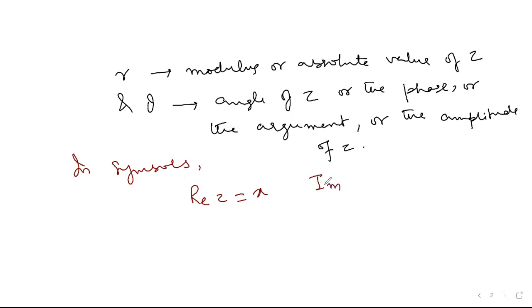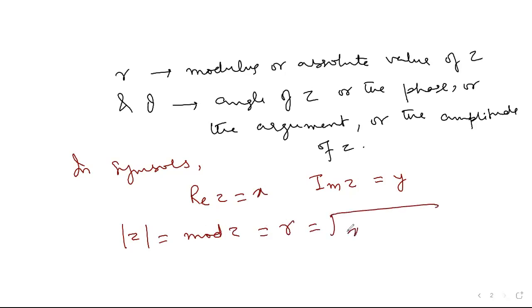Imaginary part of z is written as Im z, which is y, and mod z is written as either this way, or we simply write mod z, which is r, which is square root of x square plus y square, right?